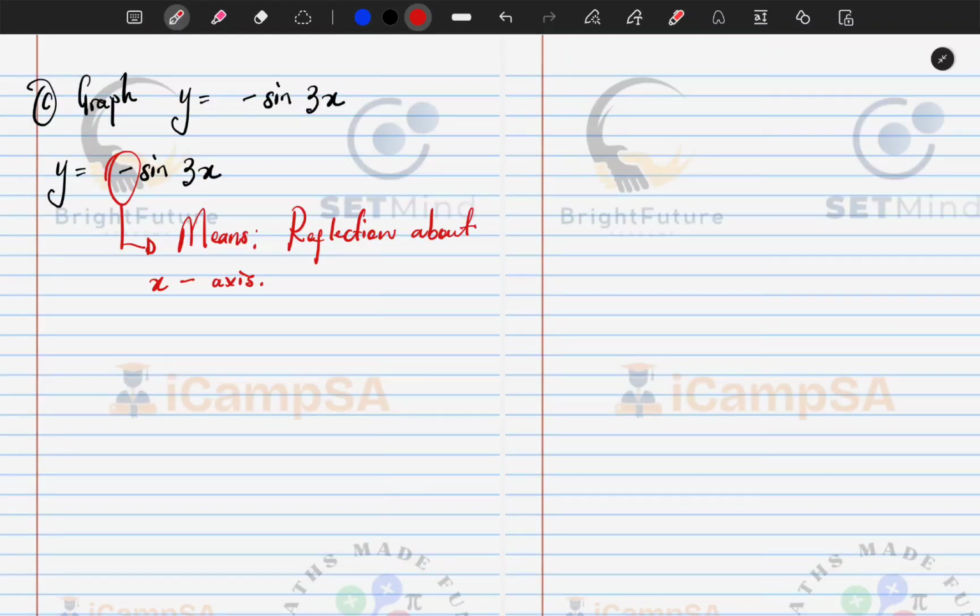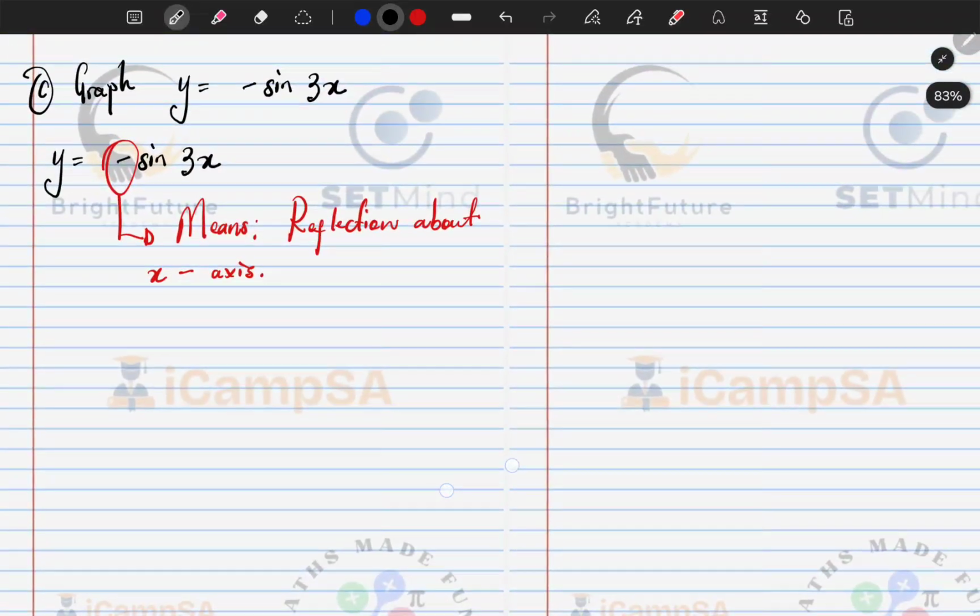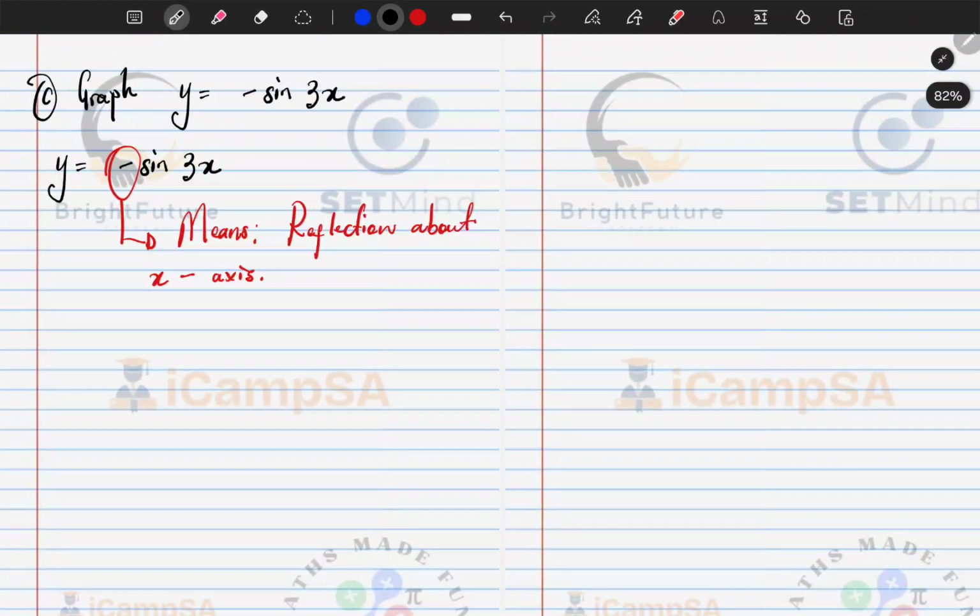So it's a reflection of the positive one about the x-axis. But let's go ahead and try to answer this question. This is quite important, we don't have to make mistakes. It's always good to make tables, it's common practice. You must always make tables when you do these things.